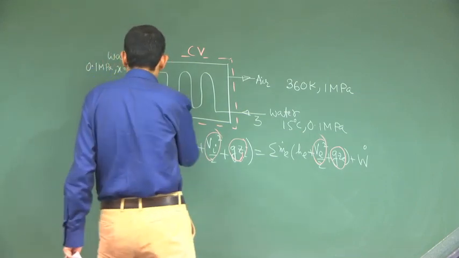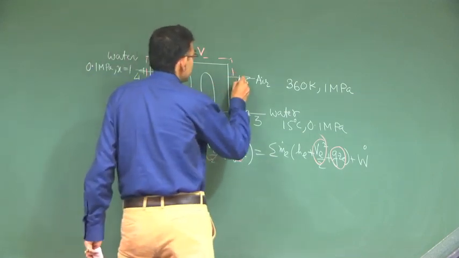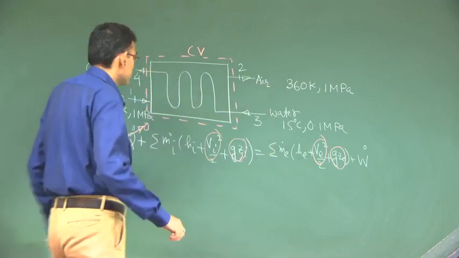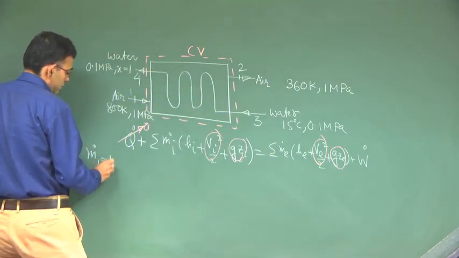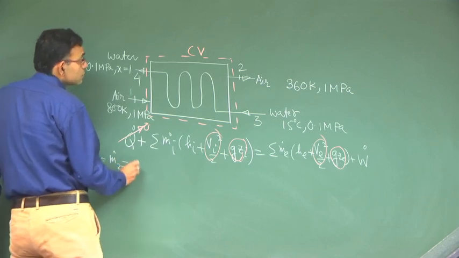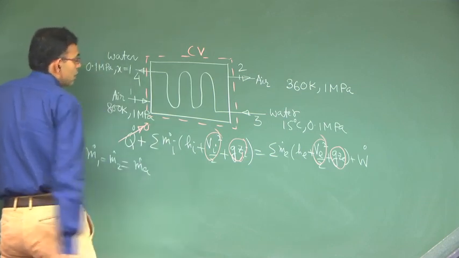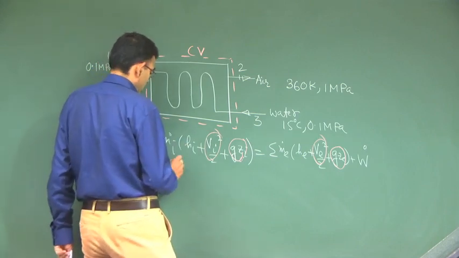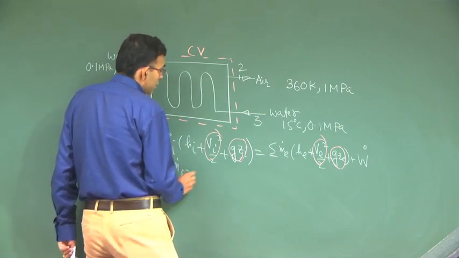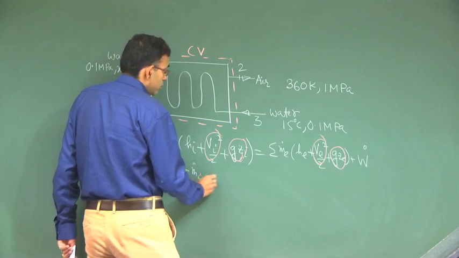This is air state 1, this is state 2. So, m dot 1 is equal to m dot 2 is equal to m dot air, and m dot 3 is equal to m dot 4 is equal to m dot water.